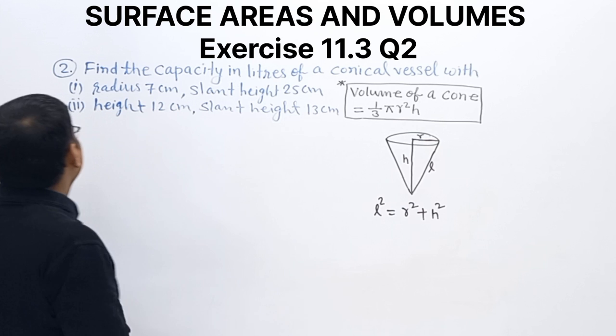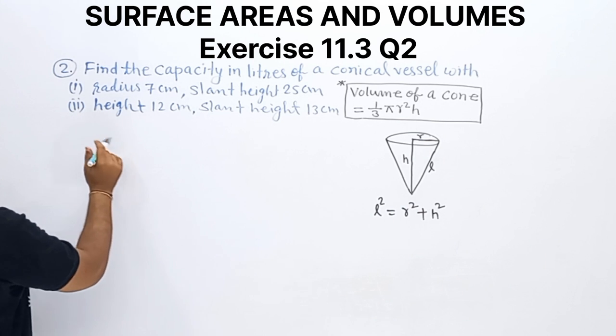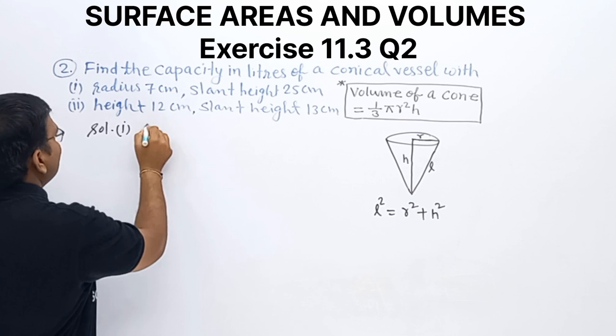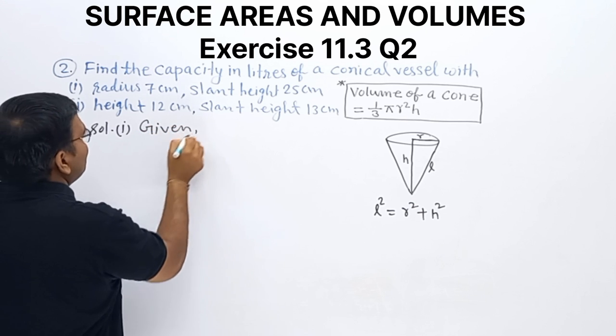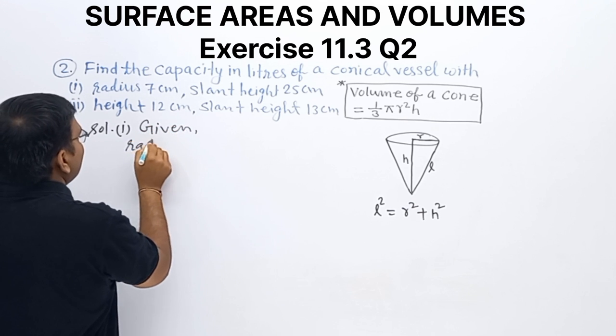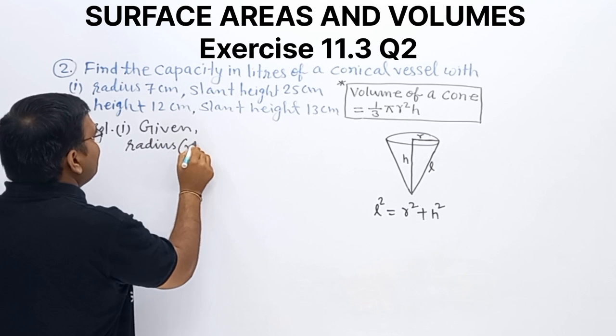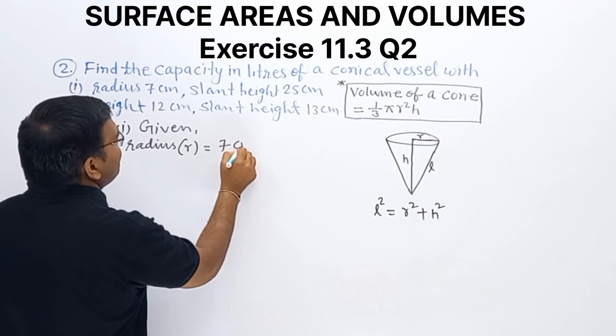So I am taking question number one. What about its solution? First, the given. What things are given? Radius of the cone r equal to 7 centimeter.